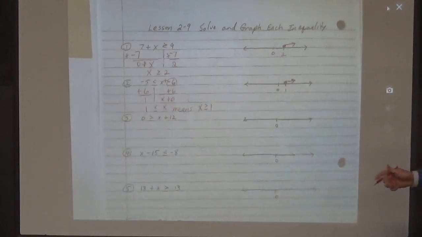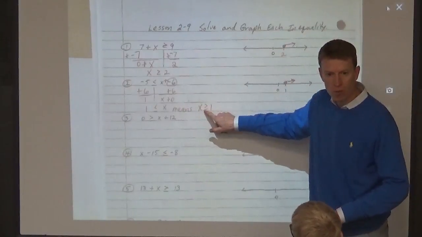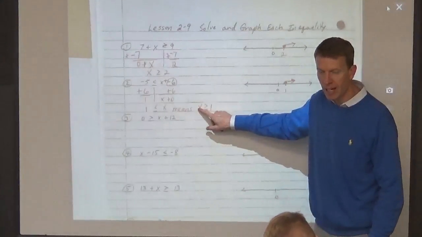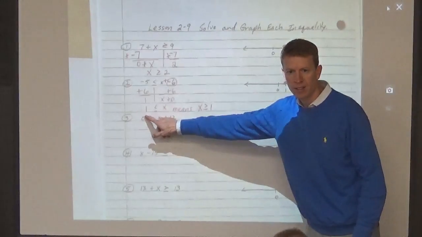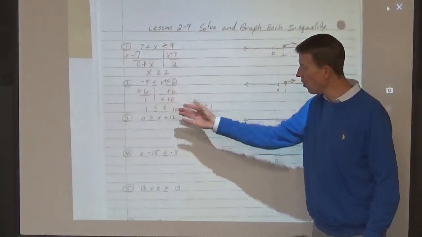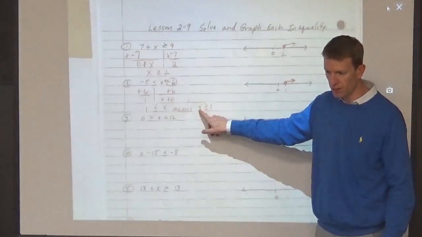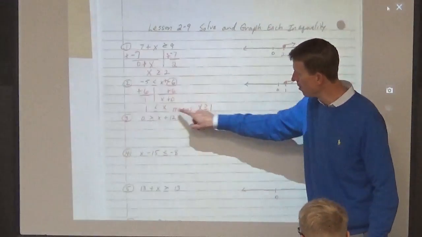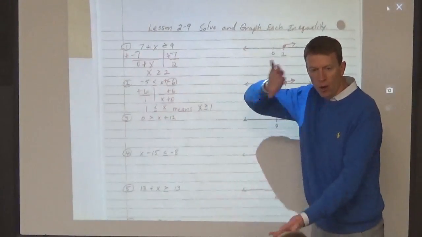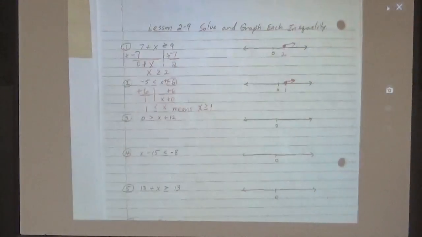And so if it's helpful for you, I would recommend turning this around and writing it x is greater than or equal to 1. If the number is on the left, then turn the whole thing around so that the variable is written first. But remember, you have to change the symbol then also. So you're turning the whole thing around when you write it with the variable first.